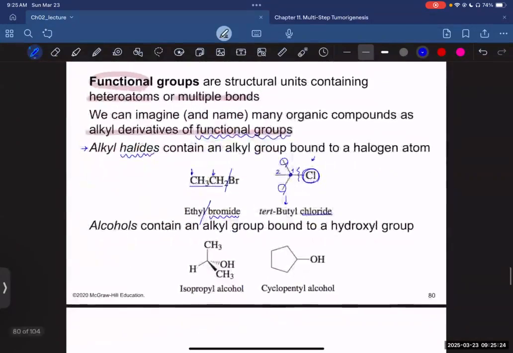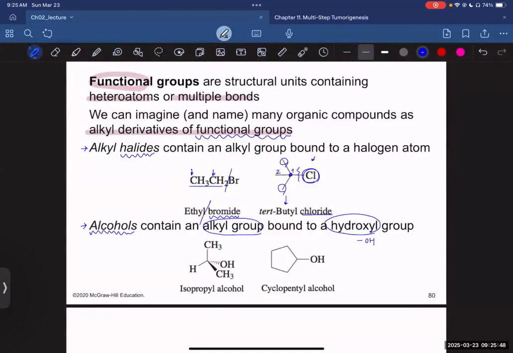Now, other types of molecules with these functional groups, a main example that will continuously come up are alcohols. If we look at alcohols, the functional group in this case is a hydroxyl group, which is oxygen and hydrogen, and they're going to be bonded to an alkyl group.